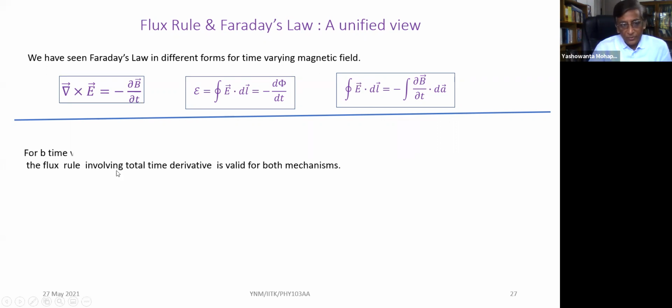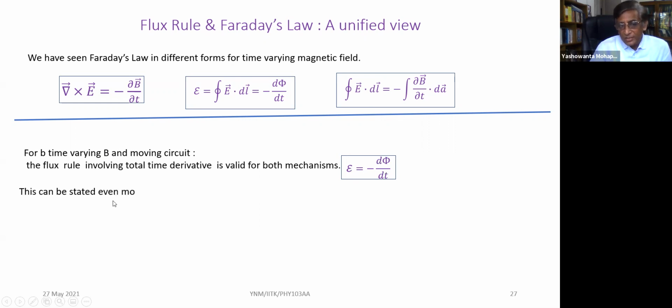Okay, so the flux rule involving total time derivative is valid for both mechanisms. That is for both time varying B and moving circuit. All right, so we can say that the electromotive force, EMF equals minus d phi by dt, is a rule which is true for both mechanisms. That's what I'm saying.